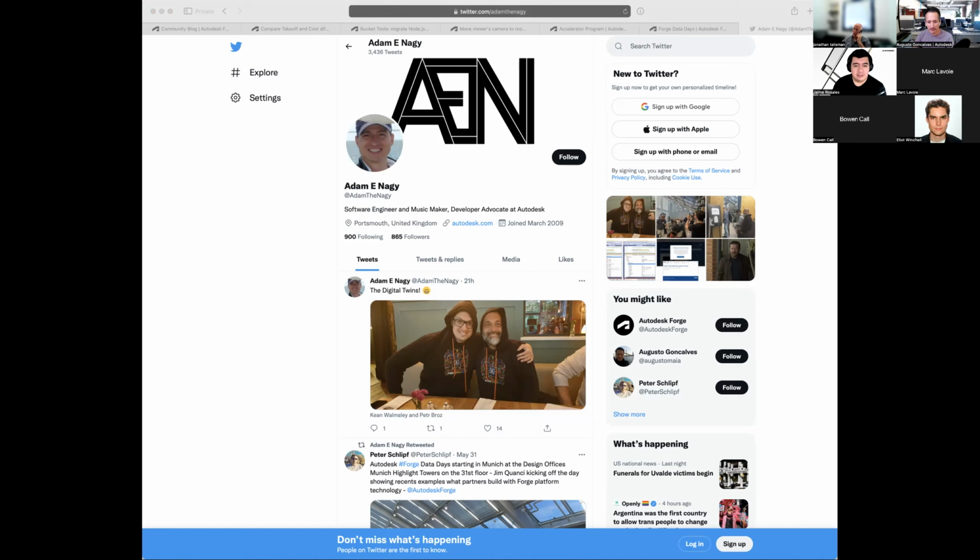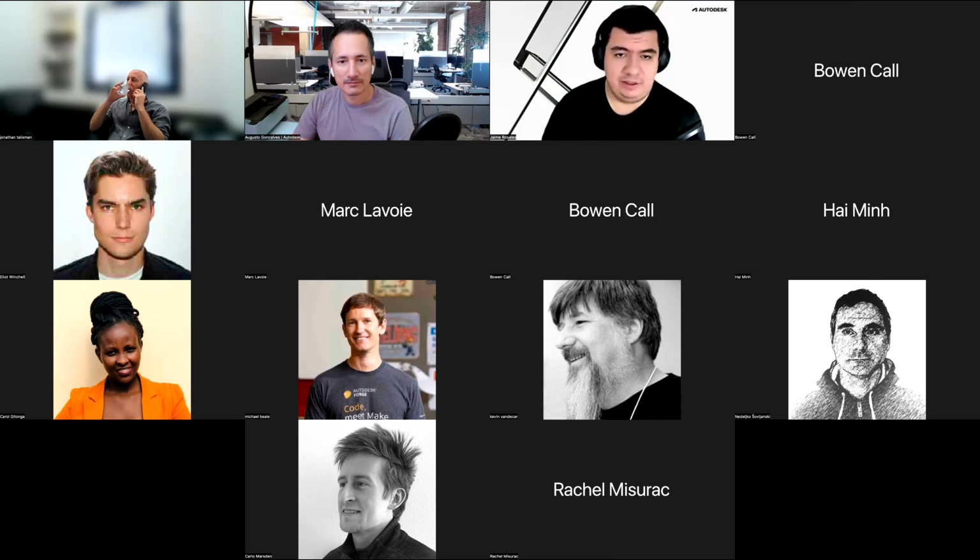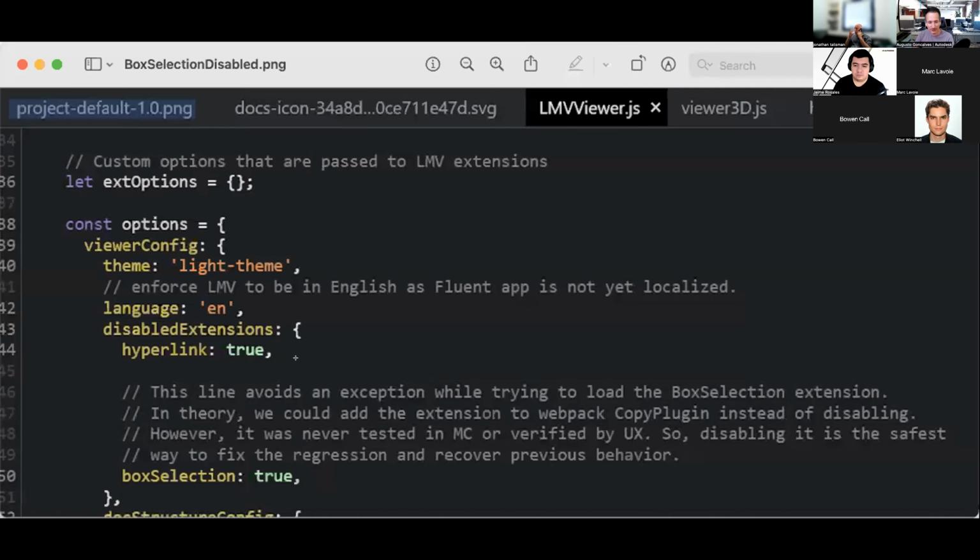Beautiful. I think I saw Bowen send the box selection disable PNG. So I'm looking here. There is a very specific comment about that: disabling is the safest way to avoid that behavior. So probably we have to check with the team if that's still a regression problem that they need to address.